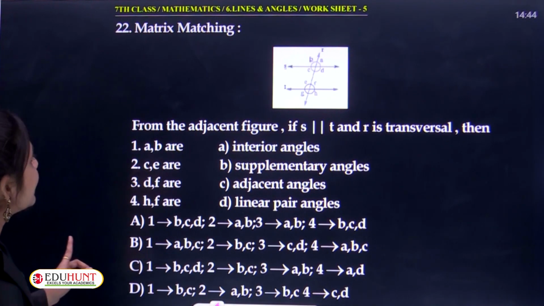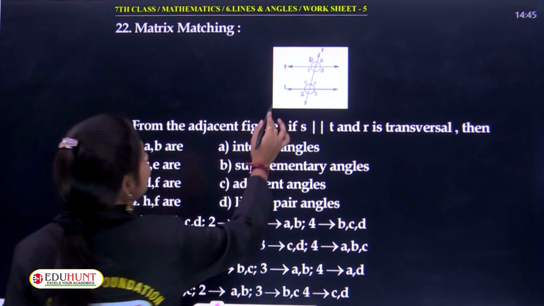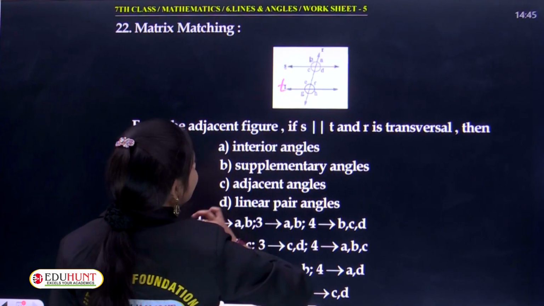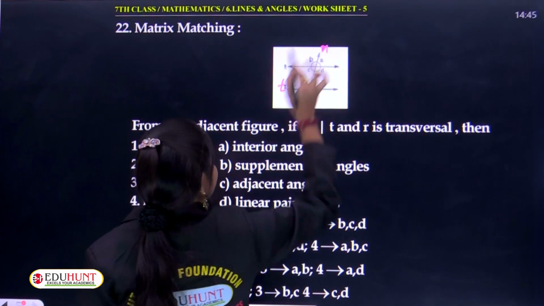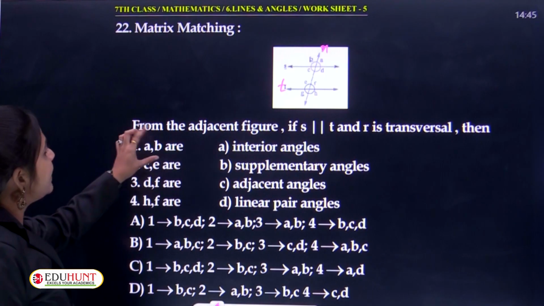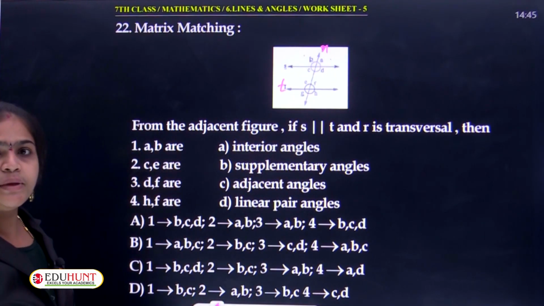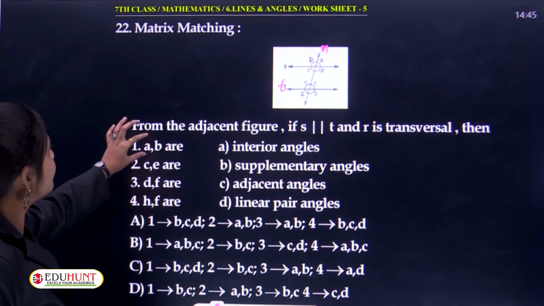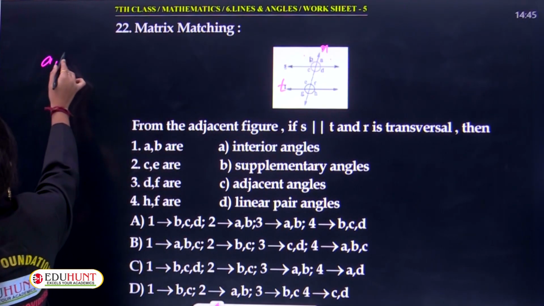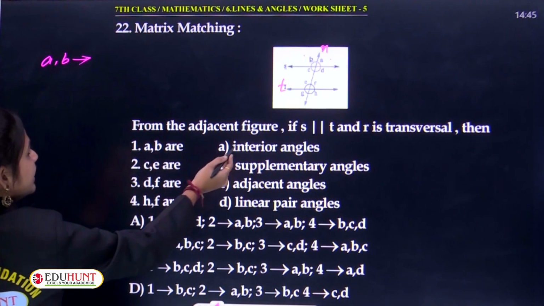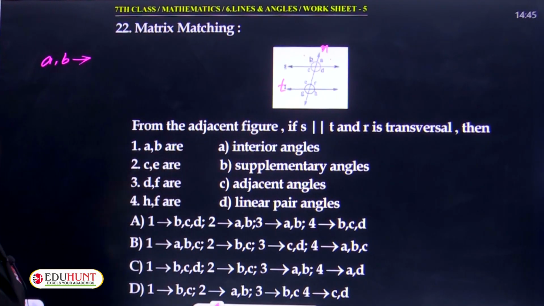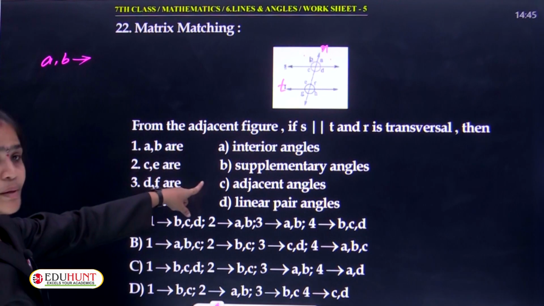Matrix matching from the adjacent figure. If S is parallel to T and R is a transversal, then A, B. What will we call A and B here? Which angles are those? Interior angles? No, those two are not interior angles. Supplementary angles?